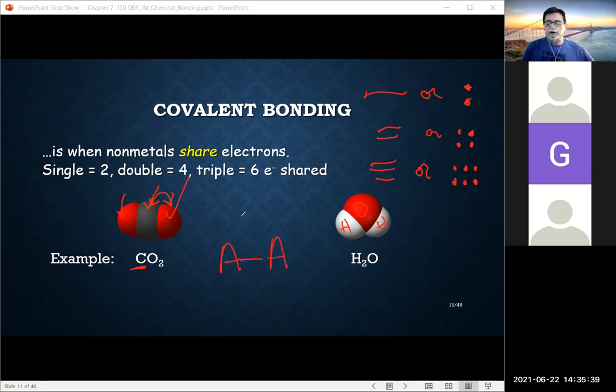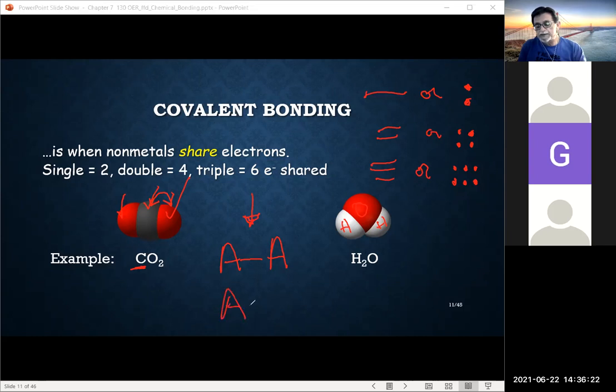Doesn't make a difference what they are, but they're two of the same nonmetal, which means they have the same electronegativity. Therefore, that bond in the center is equally shared. It's like a tug of war between two people of equal strength and equal size. That rope, designated by the line, is not going to go anywhere. So, equally shared electrons.